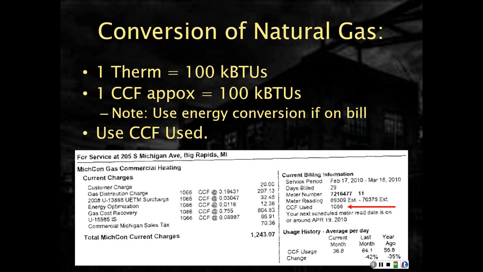Now, a lot of natural gas bills will have an energy conversion right on the bill. If they don't have an energy conversion, if they're using gas by volume, then it's okay to use the 100 kBTUs per CCF. Now, you want to use the CCF used for the month.